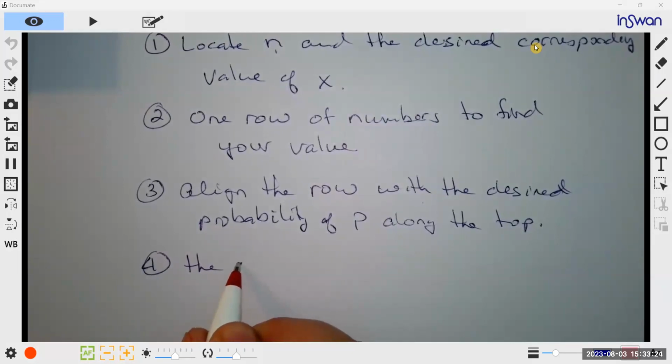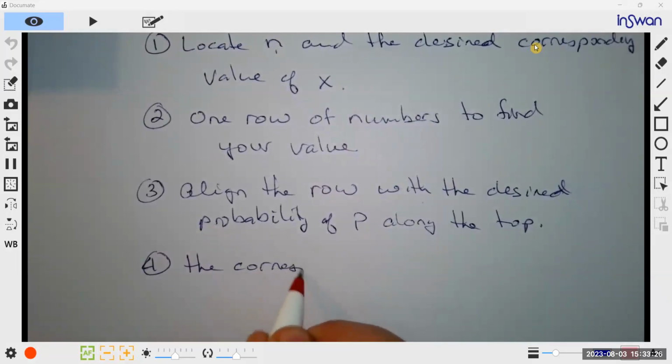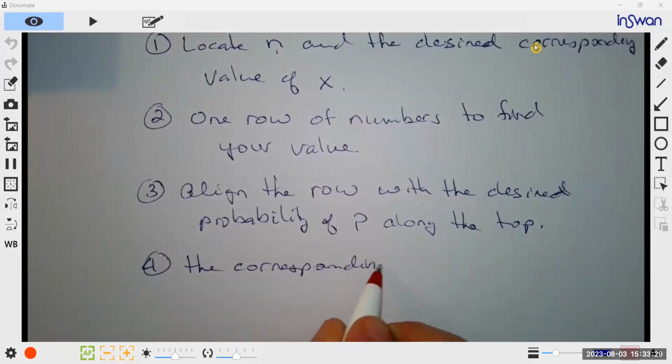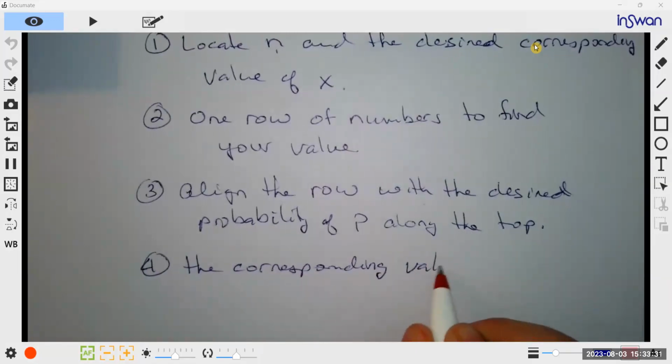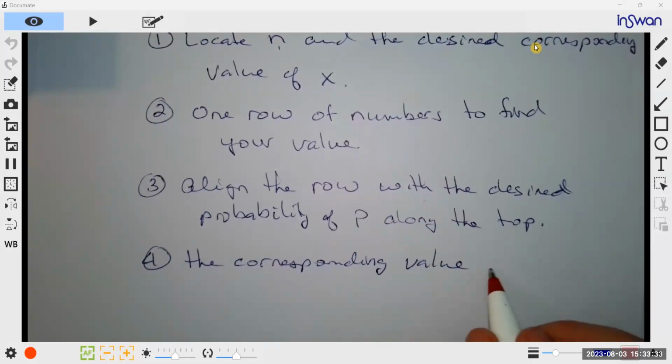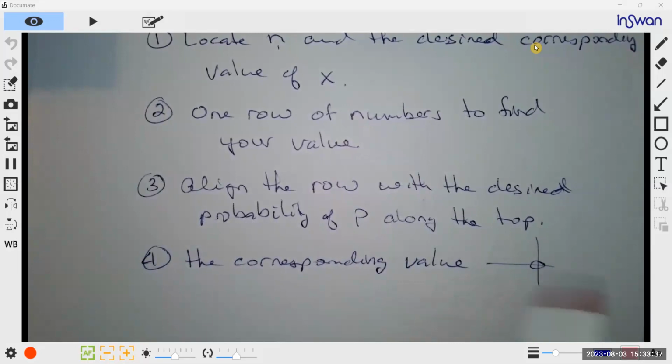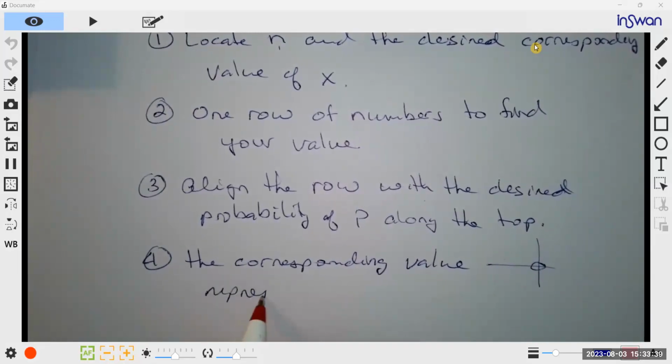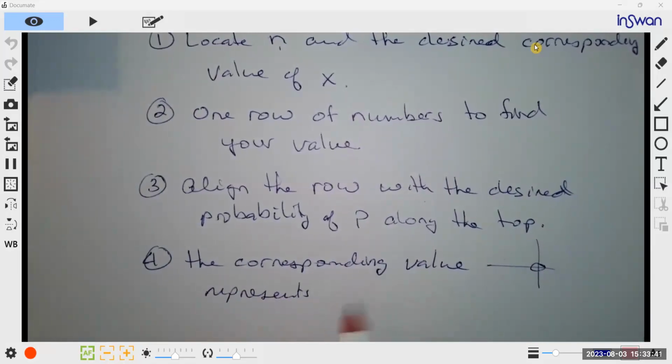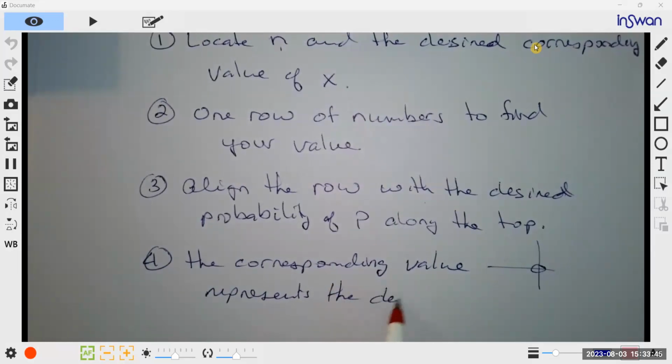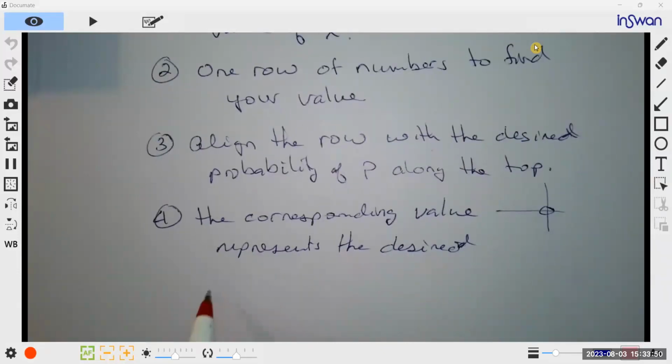The corresponding value is the horizontal. This corresponding value represents the desired probability.